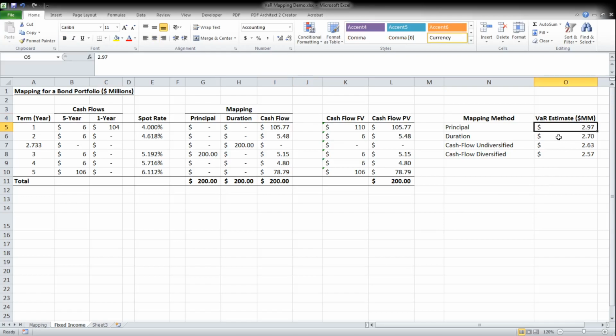So here are the numerical estimates of the VaR of this portfolio using three different methods. And you can see that as we go up in complexity, we get closest to the real VaR of $2.57 million. And again, this is VaR mapping for fixed income portfolios. And I hope this was helpful. Thank you for watching.